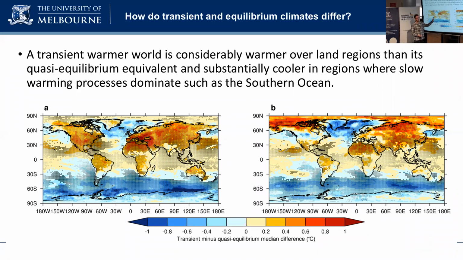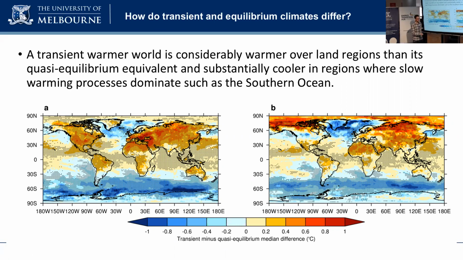The stippling shows agreement: at least 3/4 of the models agree in the sign of the difference between the transient and quasi-equilibrium climates. So you can see, again, where slow warming processes dominate, there's more local warming in the Southern Ocean, for example, in the equilibrium climate relative to the transient climate.